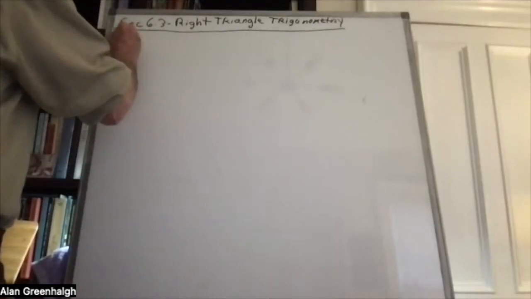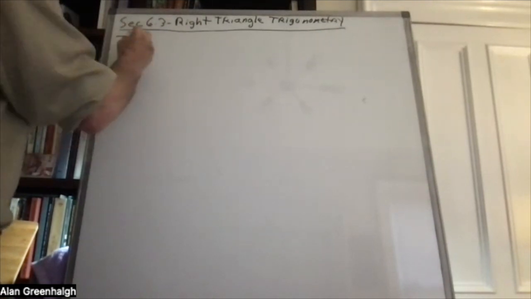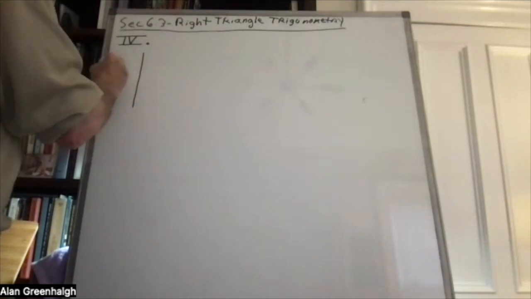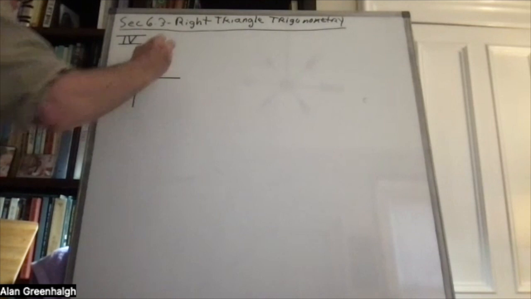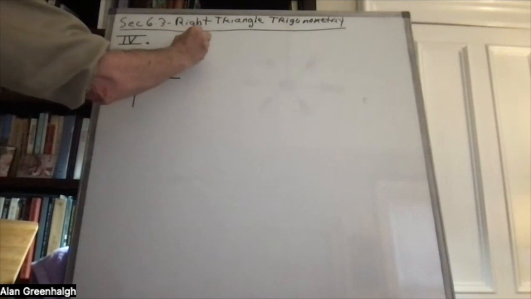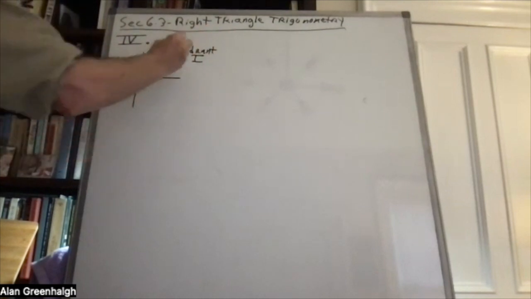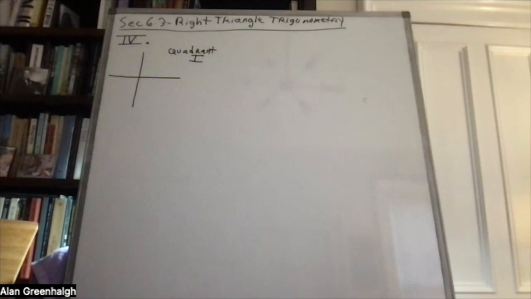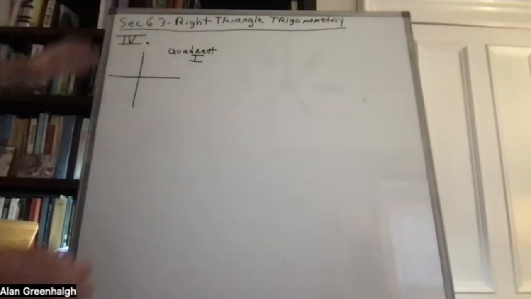And Roman numeral 4. Now, let's talk about angles. These are the 4 quadrants. These are called quadrants. We mentioned this before. Quadrant 1, they're always indicated in Roman numerals, probably because there are going to be so many numbers thrown around that Roman numerals kind of stand out.